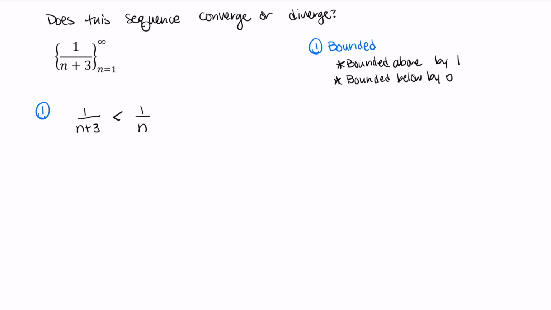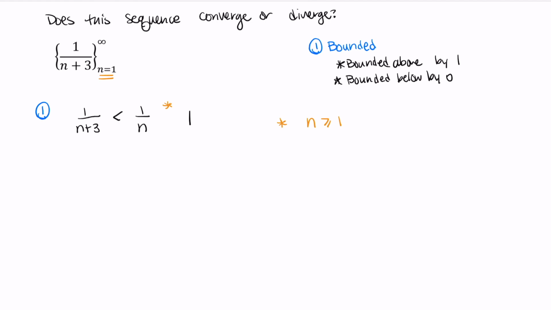And now how can we show that 1 over n is always less than 1? Now for this, I think we can all agree that since we're starting with 1, n is always going to be larger, because as we increase, we get n equals 2, 3, 4, etc. And I guess n could be 1 since we are starting at 1 in this case.